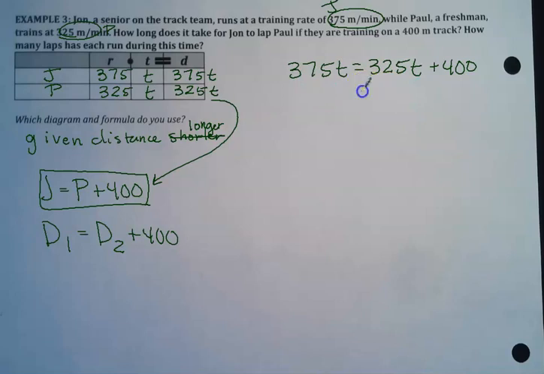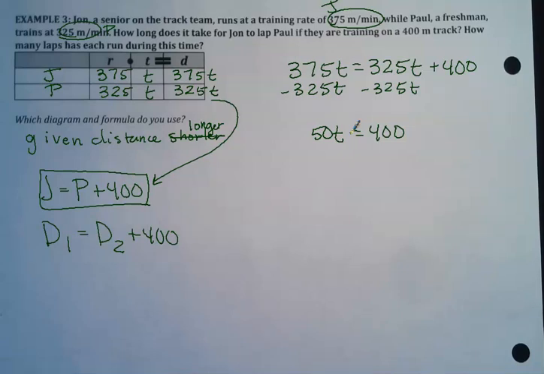There we go. If we subtract the 325T, then we'll have the T's together. We'll have 50T equals 400. Then we have the T on one side and the constants on the other. All right, good.